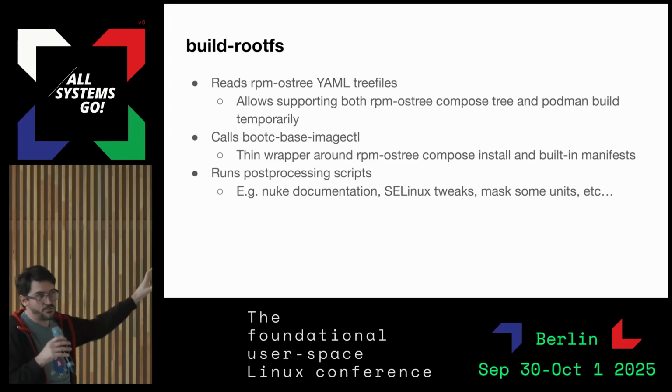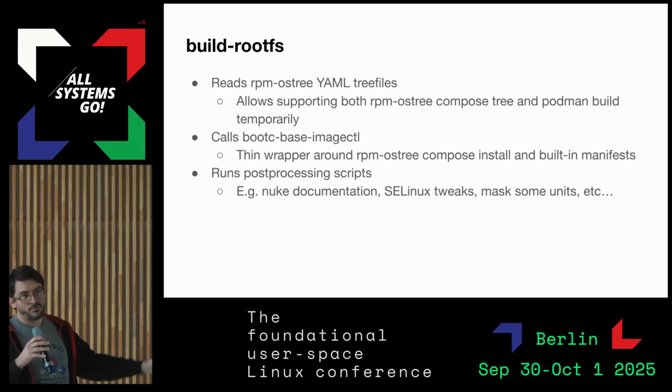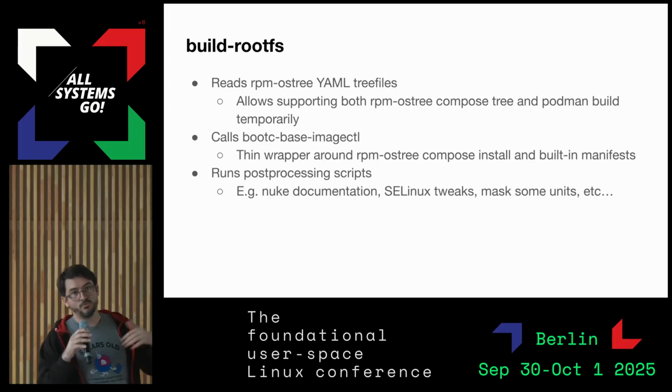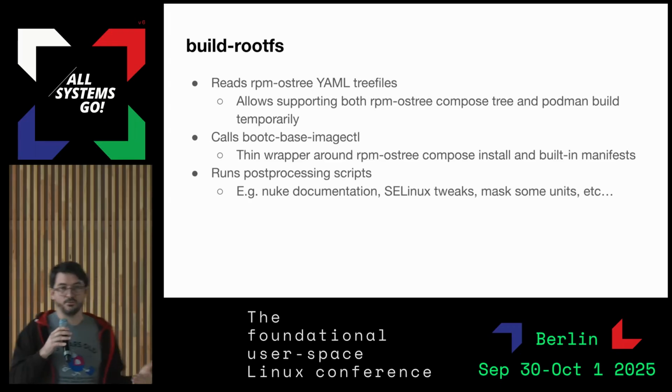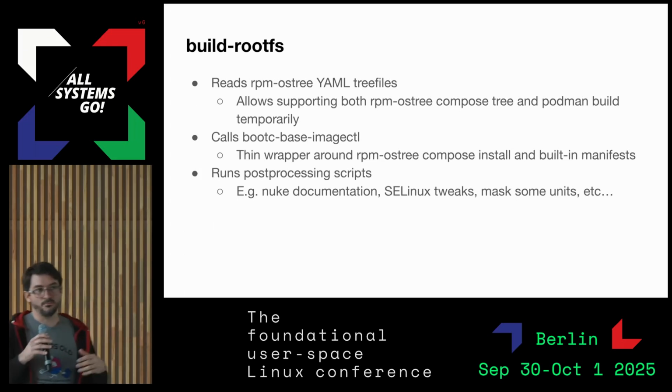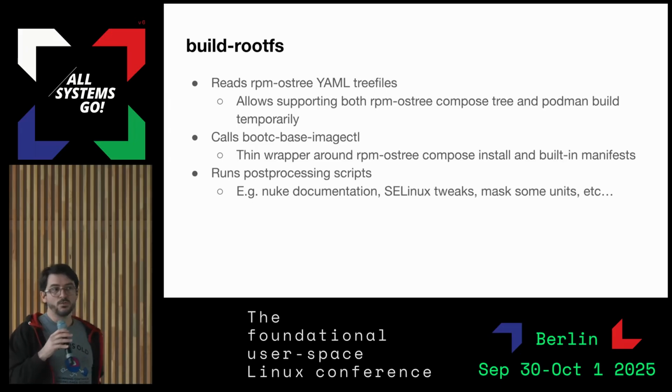But we're still using that because we're progressively moving from the older version to the new one, so we can have a transition phase here. But the main advantage of those YAML configuration files is that they are definitely declarative. You're not typing a DNF install command. You're telling the system that, hey, this is the list of packages that we're going to include. You can do version locking and things like that.